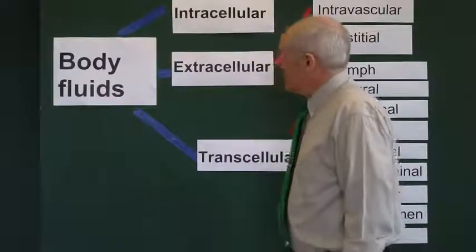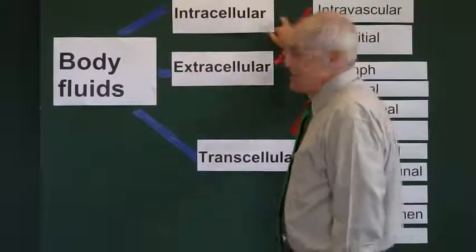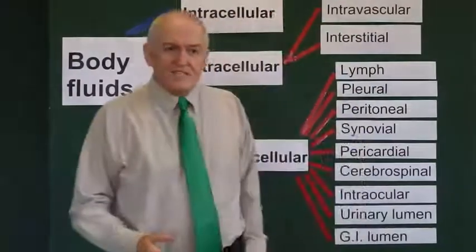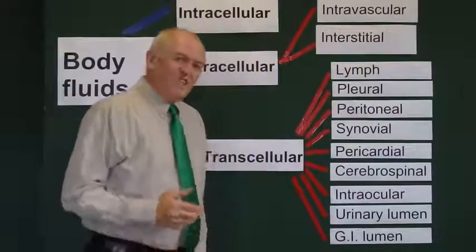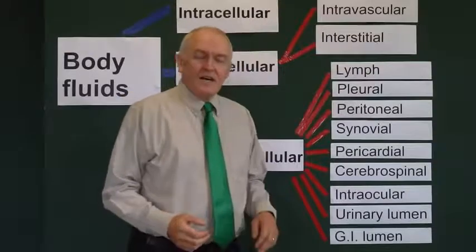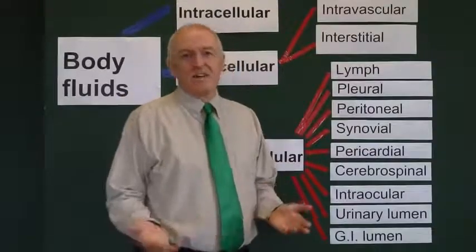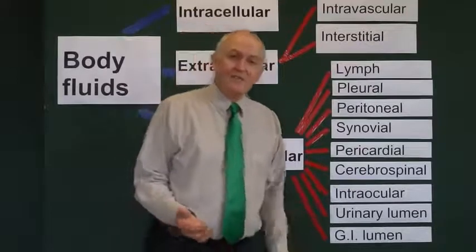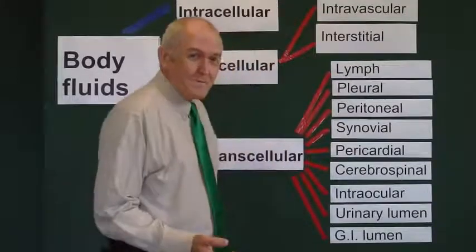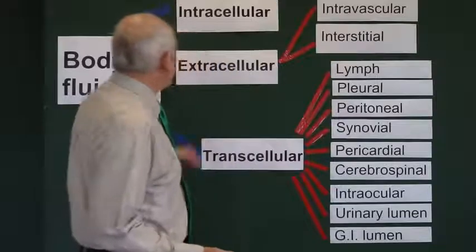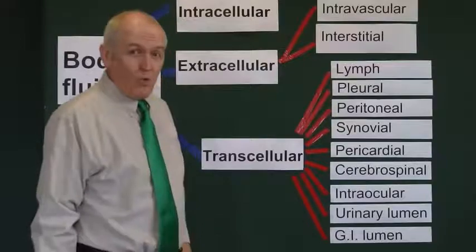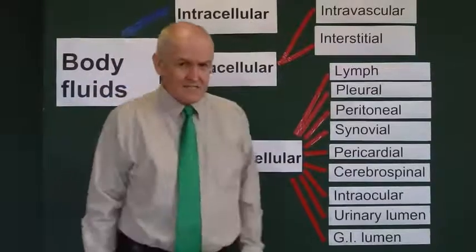So first of all, there's water in the intracellular compartment. Now the intracellular compartment is not really one compartment. It's the compartments in maybe 75 trillion different cells, individual cells in the body. And if you're the stereotypical fit young man, you've probably got about 28 litres of water within the cells.